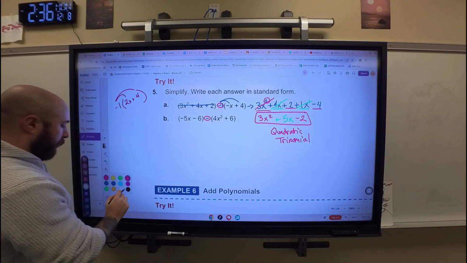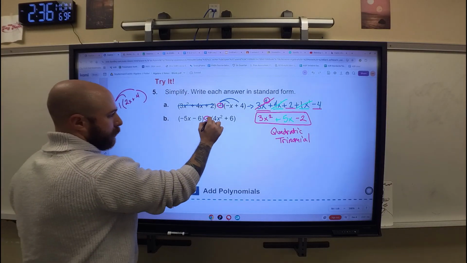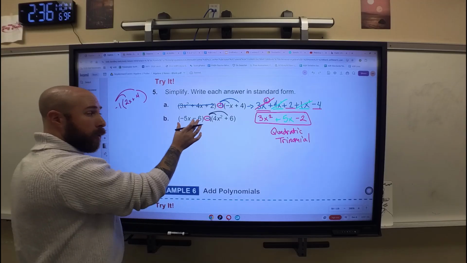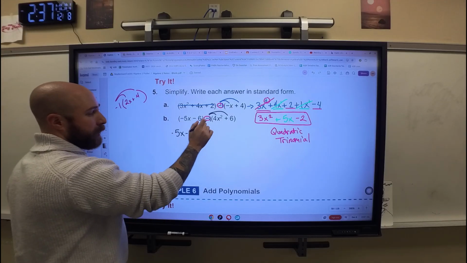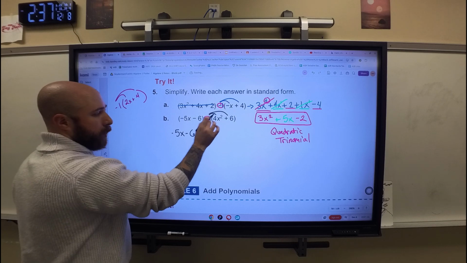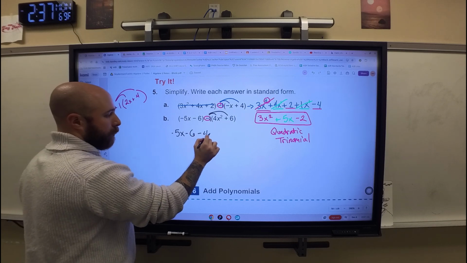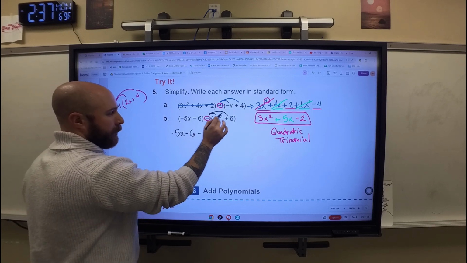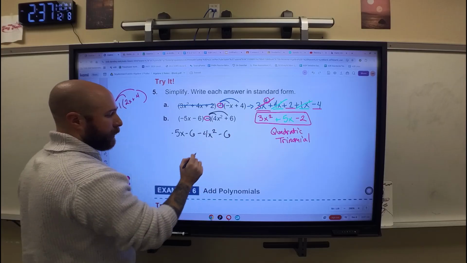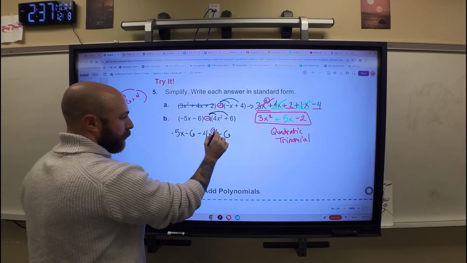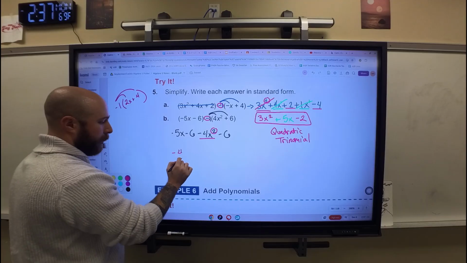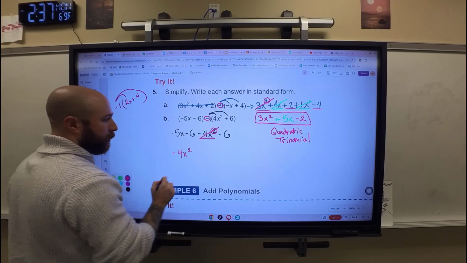All right, and then last one, let's do the same thing. Let's distribute the negative 1, rewrite the first one, negative 5x minus 6. Distribute negative 1 to 4x squared is negative 4x squared. Negative 1 to 6 is negative 6. Let's start with the highest exponent, which is 2, so we start with a negative 4x squared.